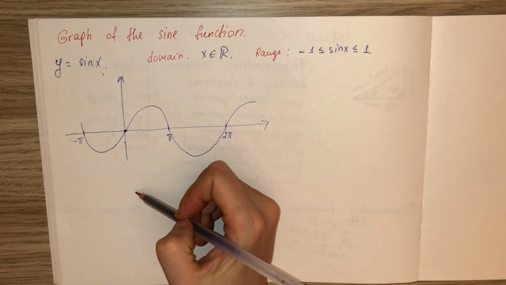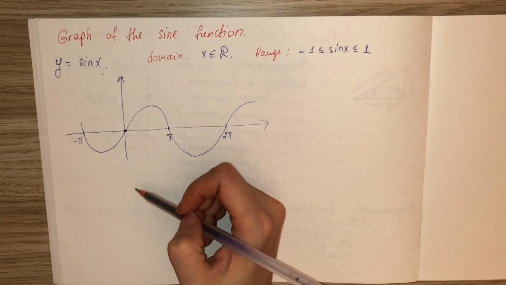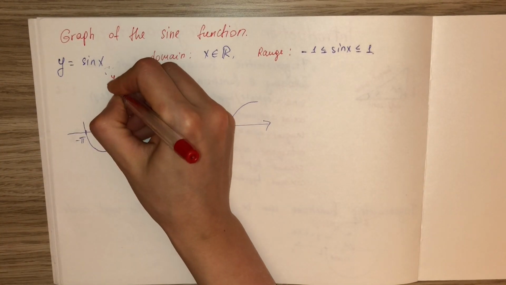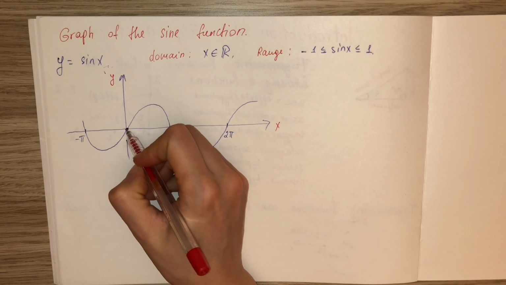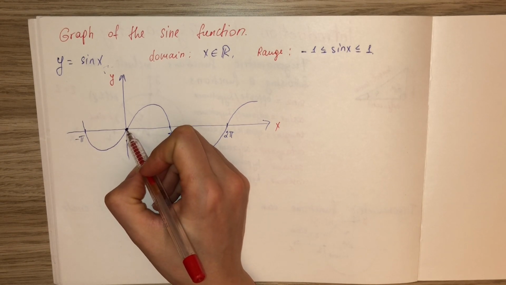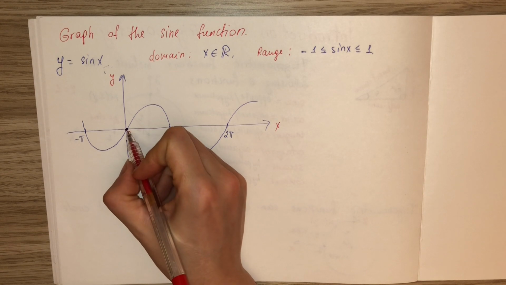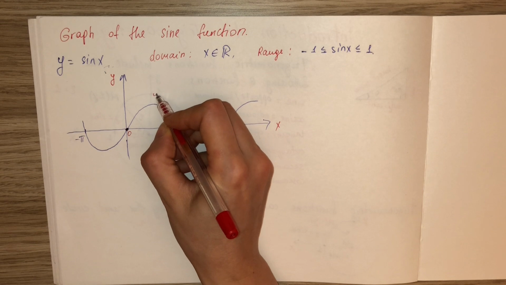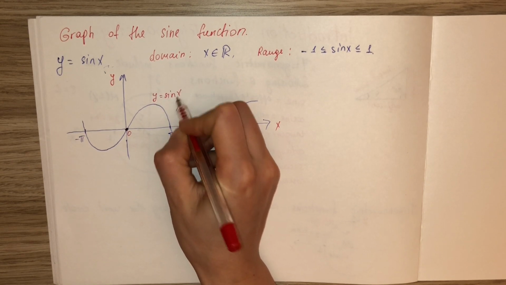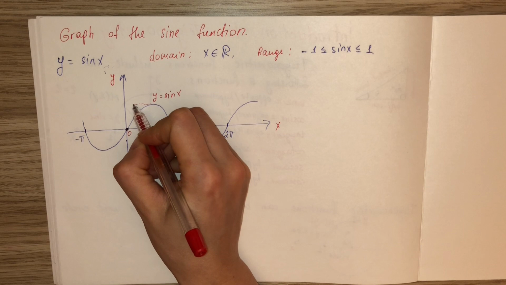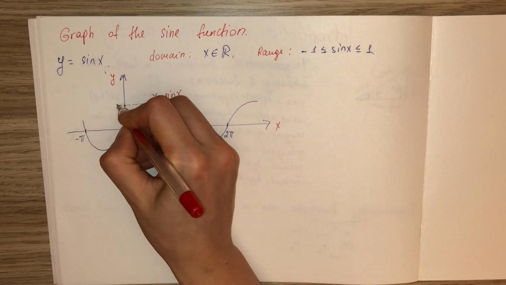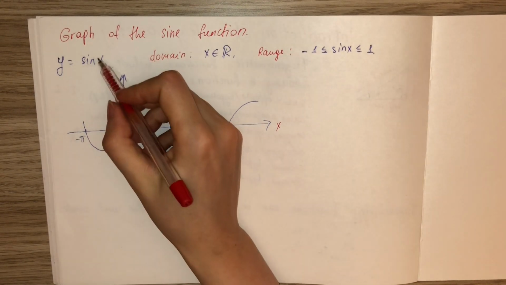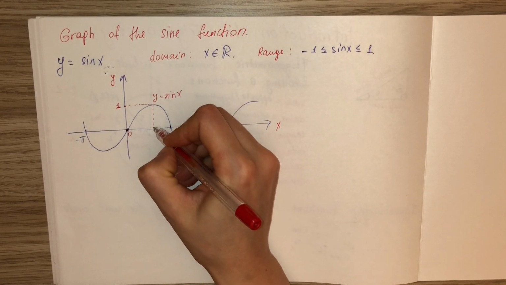As is clearly seen from this graph, when x is 0, sine x is 0. This function gets 1 when x is equal to pi over 2.